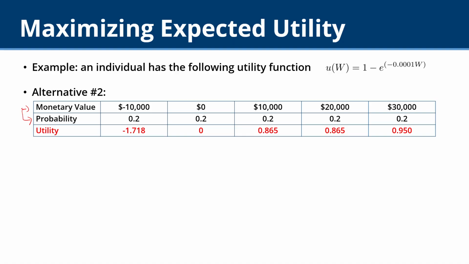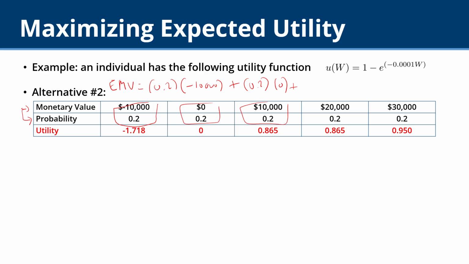So the EMV here is going to be 0.2 times minus 10,000 plus 0.2 times 0. So again, I'm just reading these two rows, right? Just finding the sum product.